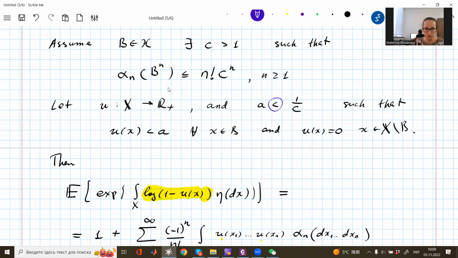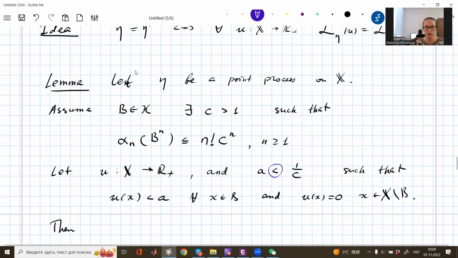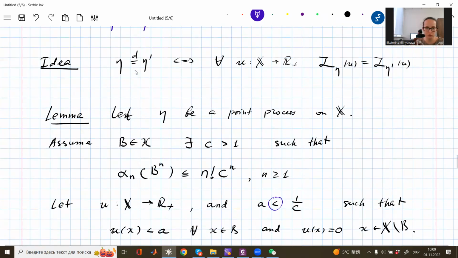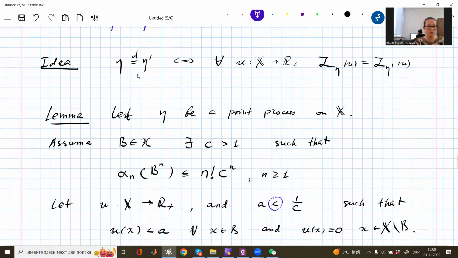So for today, what we have done: at first we introduced the concept of factorial moments, and we understood how they are connected to summation of a function over non-equal points of a point process.